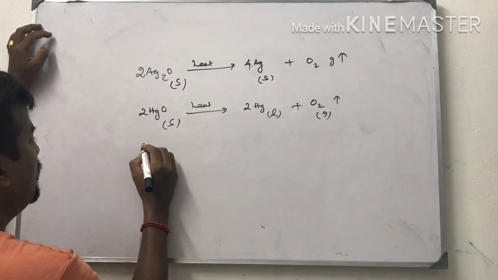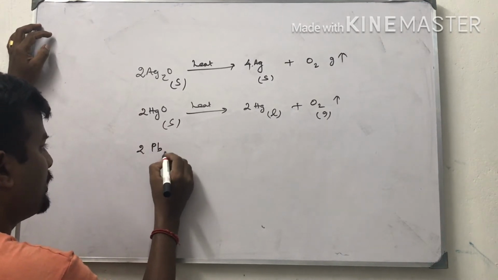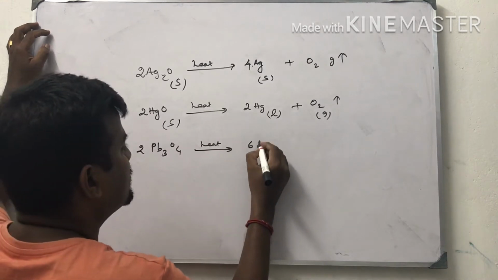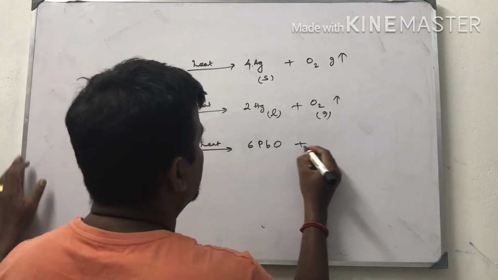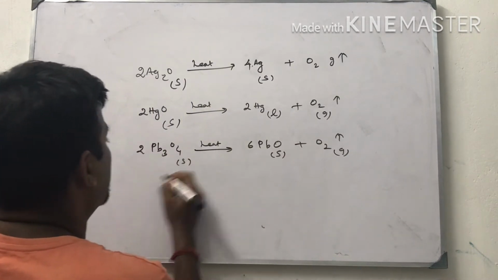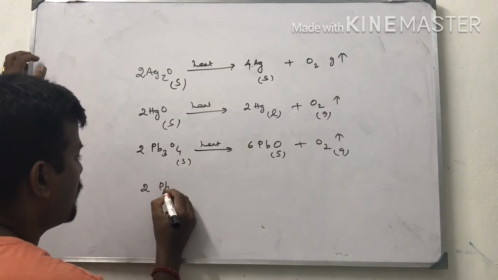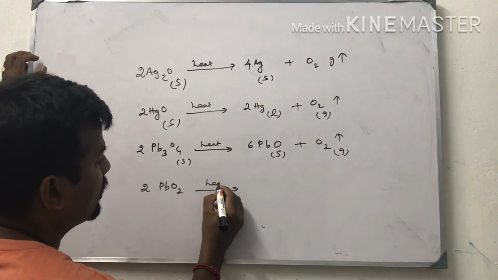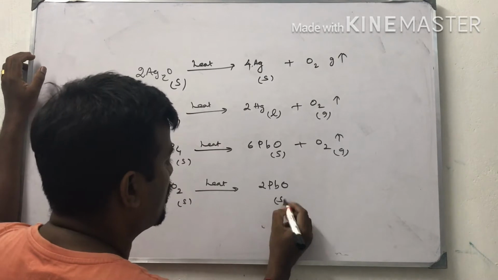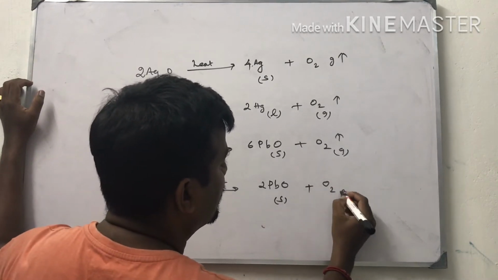Next one is 2Pb3O4, on heating it will give 6PbO plus O2 gas, both solids. Next one is 2PbO2, on heating it gives 2PbO, solid, plus O2 gas.